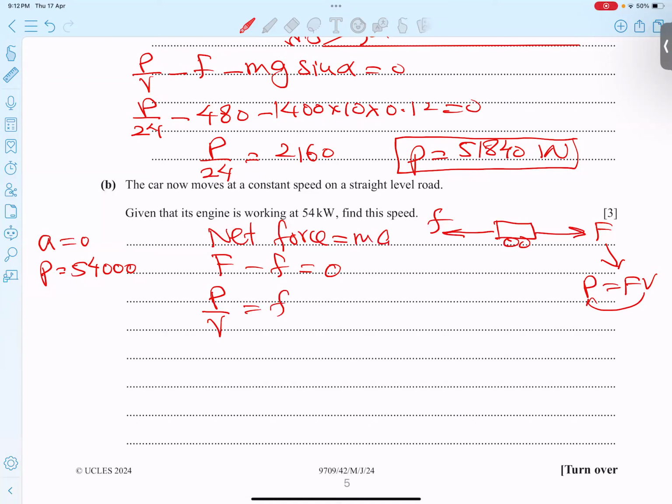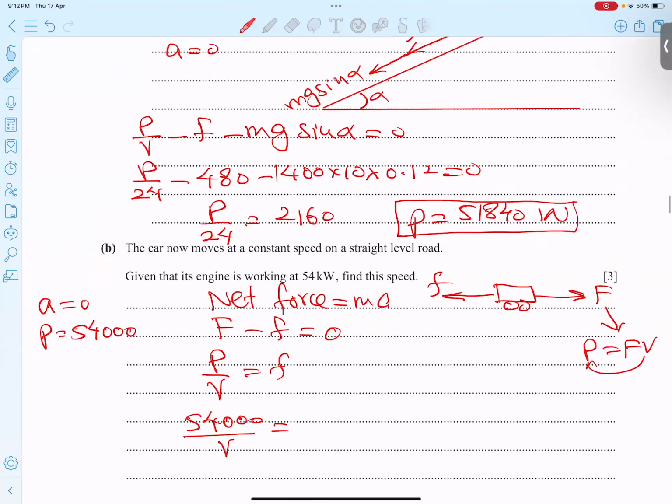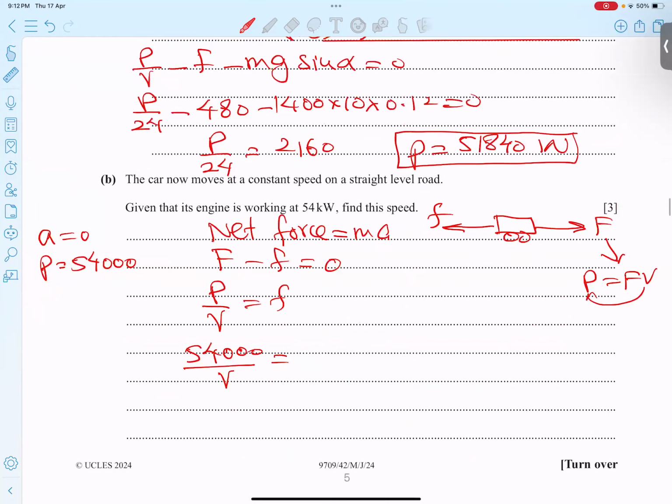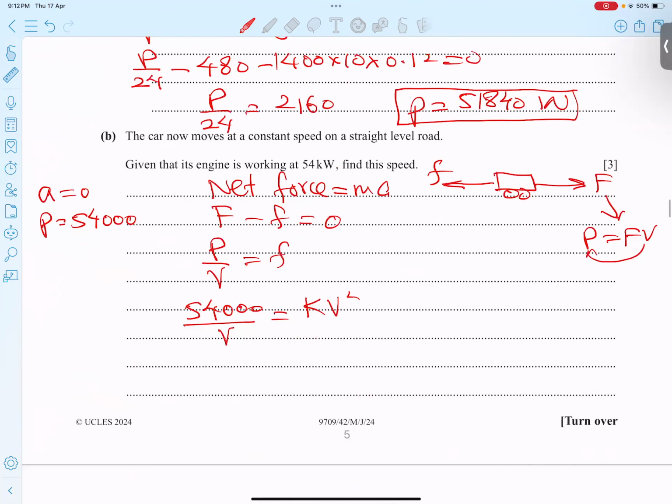Power is 54000, speed is unknown. Friction is, as we have it, students, kV square. First I'm writing kV square, and then K value is what, students? 5 over 6. So 5 over 6 V cube.